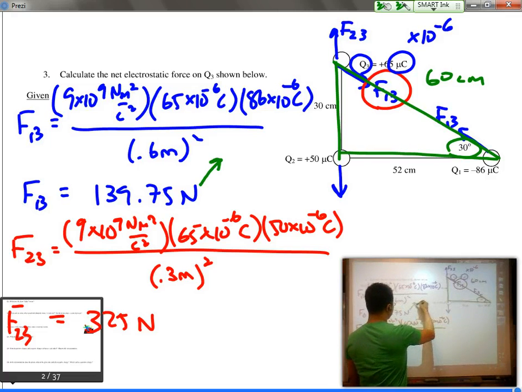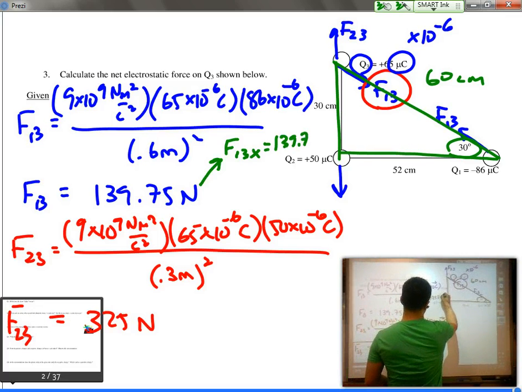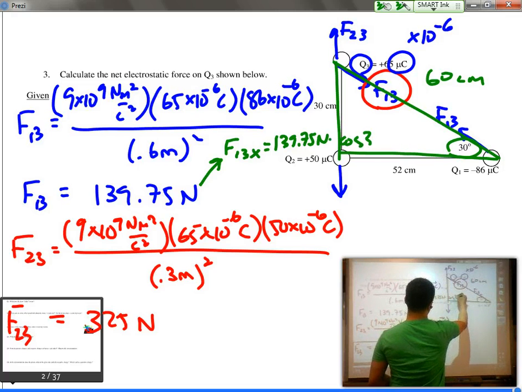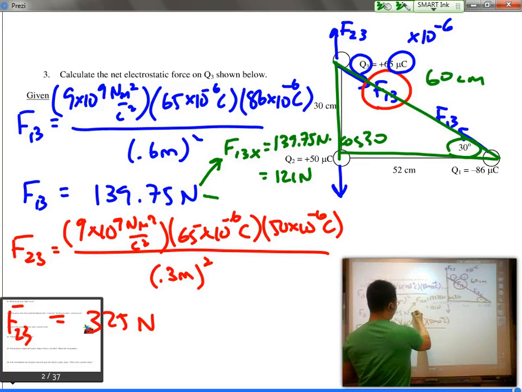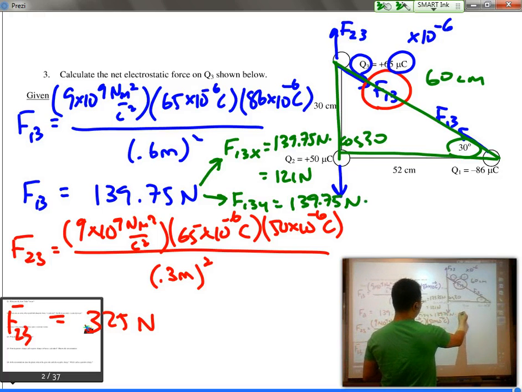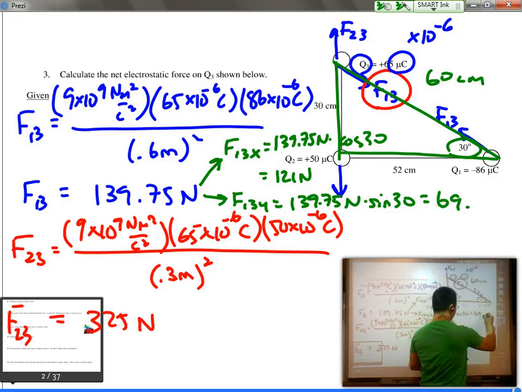So in this case, the x component, F13x, will equal 139.75 times cosine 30, which is equal to 121 newtons, while F13y is going to equal 139.75 newtons times sine 30, which equals 69.88 newtons.